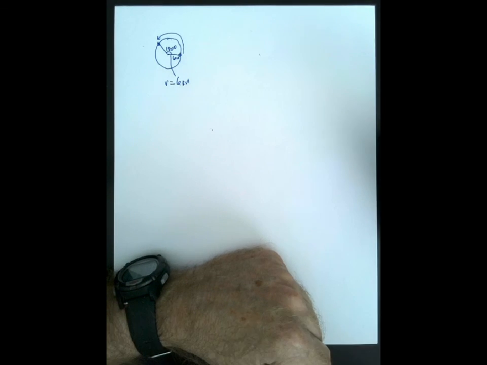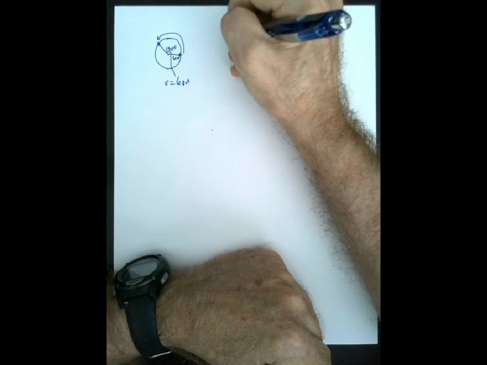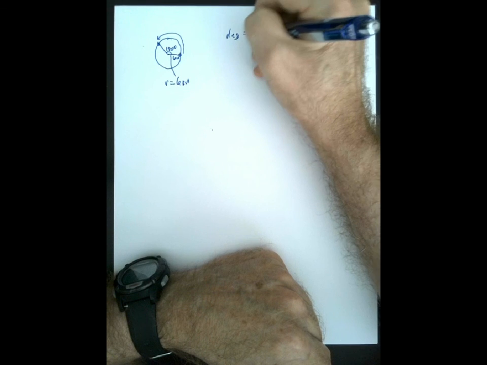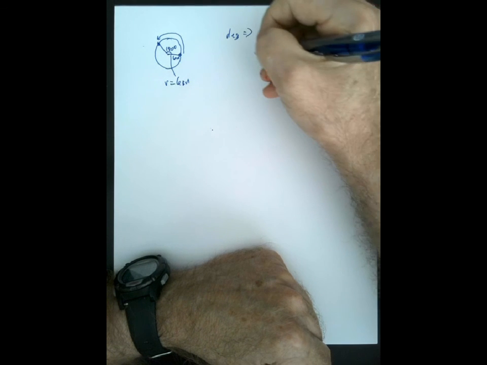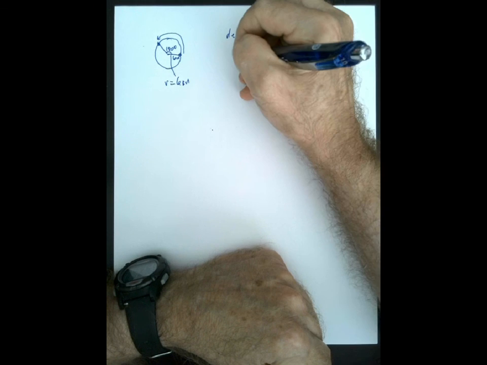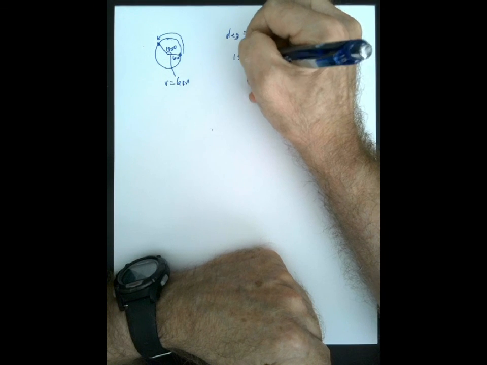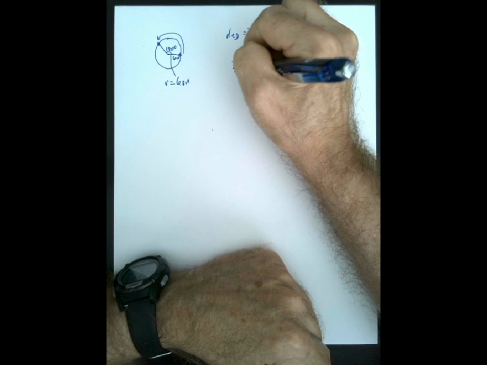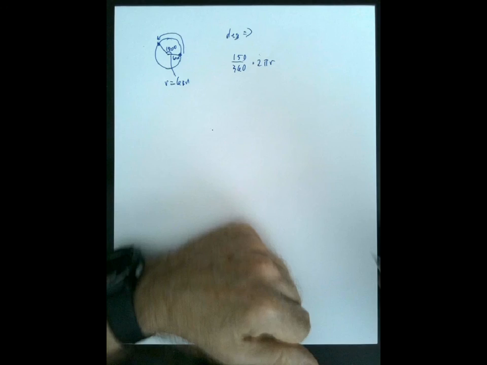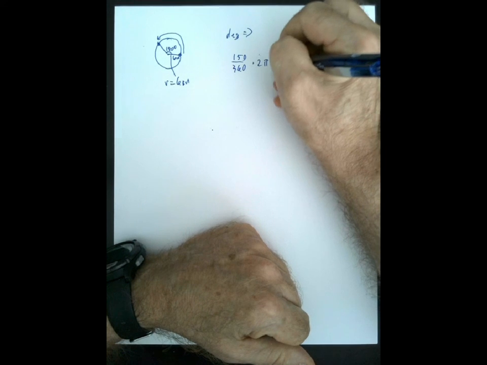Since we're given the angle in degrees, we're going to use the degree formula, which is theta, 150, divided by 360 times 2 pi r, or 2 pi times 6.